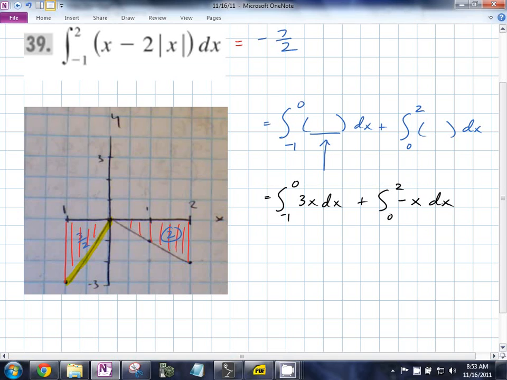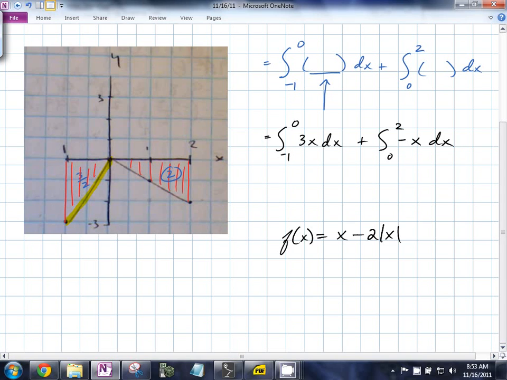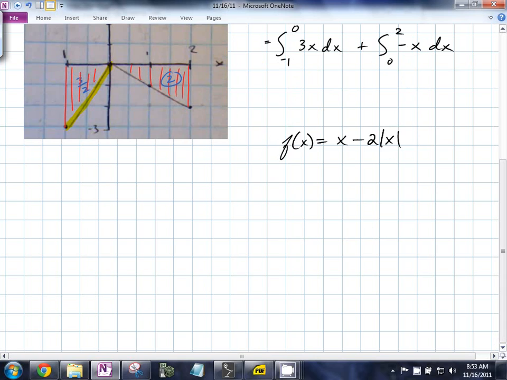We're going to look at the function f of x is equal to x minus 2 absolute value of x. All absolute value functions, well, simple absolute value functions like this, can be broken up into two functions. f of x is equal to, when is f of x equal to just x minus 2x? When what? And when is it equal to x plus 2x?